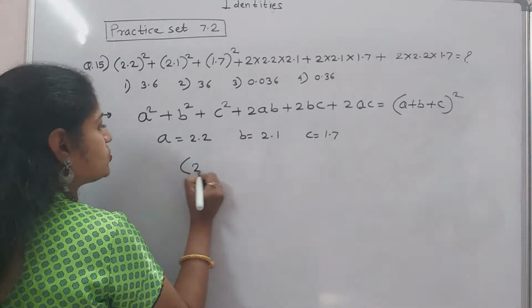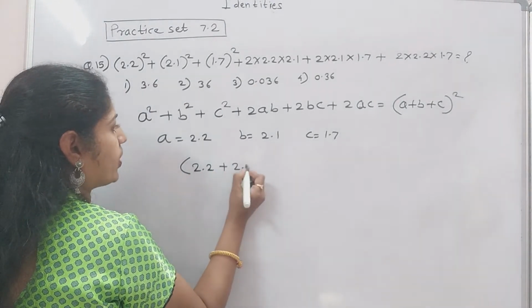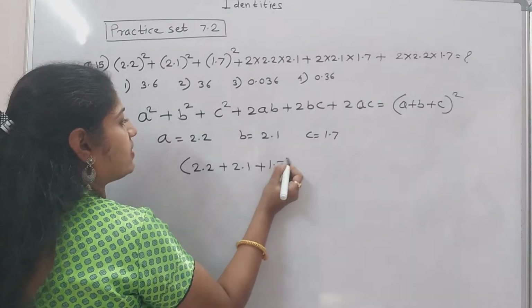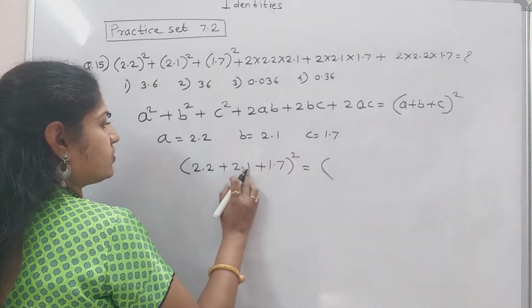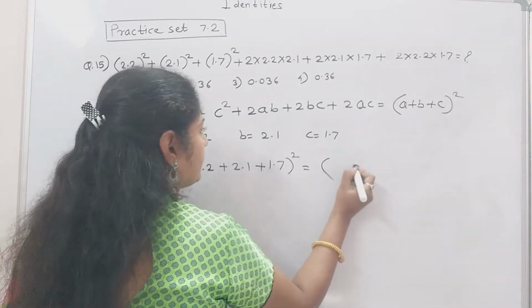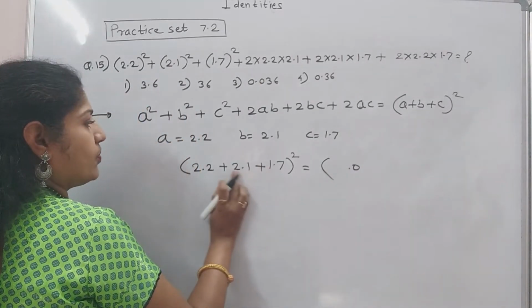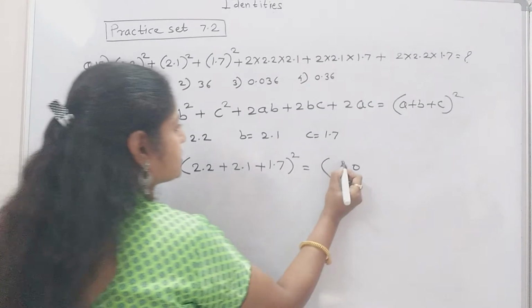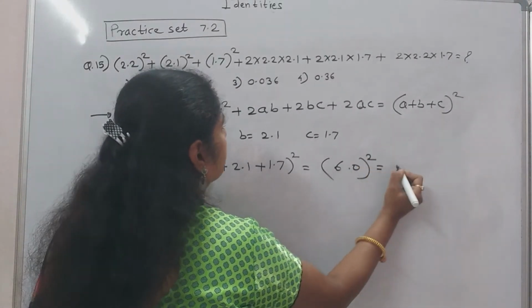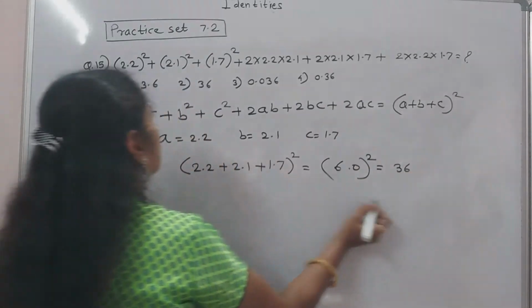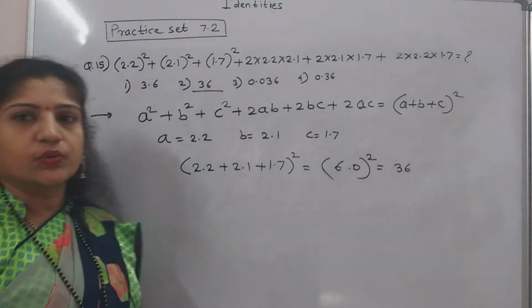So the answer is (2.2 + 2.1 + 1.7) whole square. Addition: 7 plus 1 is 8, 8 plus 2 is 10; 2 plus 2 is 4, plus 2 is 6. 6.0 square is 36. Our answer is option number 2.